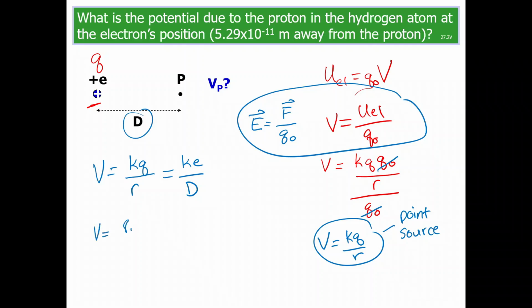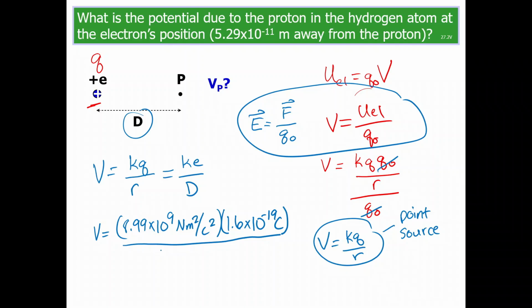K is going to be 8.99 times 10 to the 9th newton meters squared per coulomb squared, times 1.6 times 10 to the negative 19th coulombs for E, divided by my separation D, which is 5.29 times 10 to the negative 11th meters, the average location of an electron in a hydrogen atom.